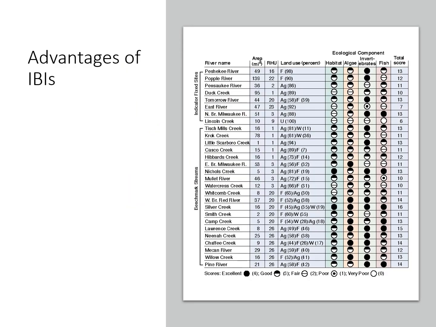So let's summarize some of the advantages, though, that IBIs in general provide, right? It doesn't mean you can't use fish, but the macroinverts are the predominant tool. But maybe, as you can see on this right picture, you could use a bunch of different IBIs. Maybe use habitat, algae, invertebrates, and fish, right? And then you could generate a composite score. Okay, so for instance, this first river here has a score of 13. That's an index.